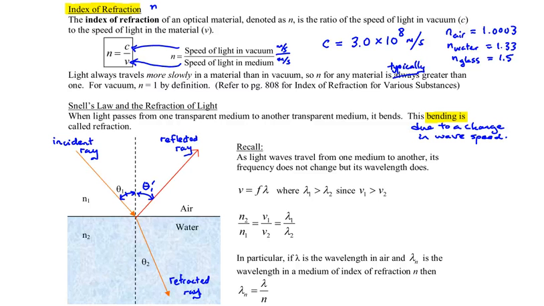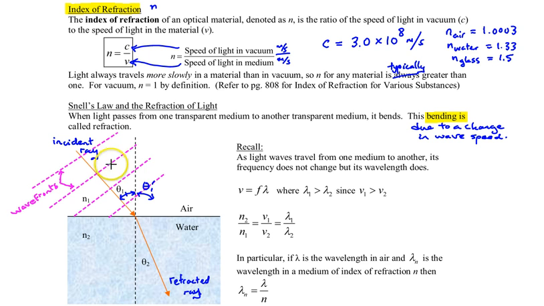Now let's take a look at it a little bit more closely so we can describe what happens to the wavelength, for example. To help our understanding of what happens to the wavelength as it goes from air into water and refracts, let's draw the wavefronts. Let me show you the wavefronts for the incident ray. These purple dashed lines are what we call wavefronts. And the distance from one wavefront to the next is called the wavelength, which I've labeled as lambda 1 for the wavelength in this air medium.